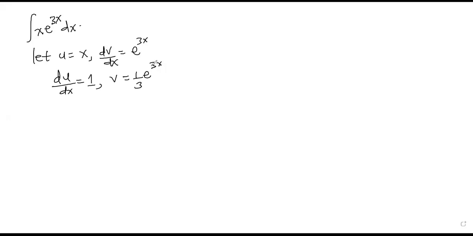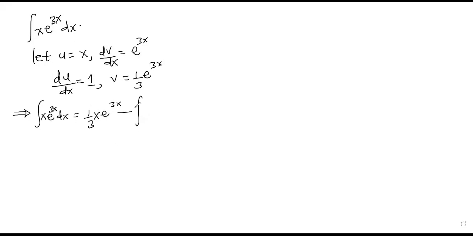So the integral of x e power 3x dx is going to be uv. u is this, v is this. So it is going to be a third x e power 3x minus the integral of v du dx.